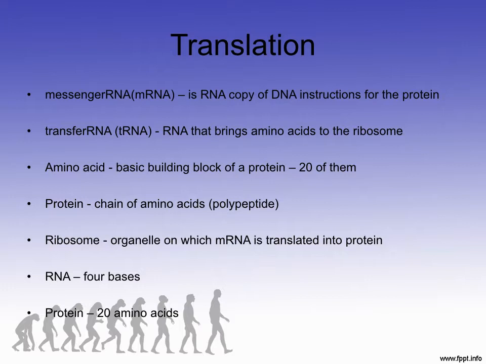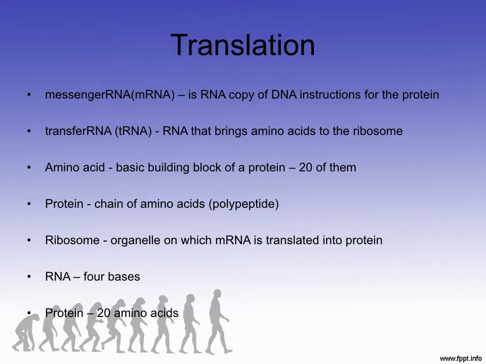Then the introns are cut out, and the exons are spliced back together. That mature mRNA moves out into the cytoplasm, and ribosomes attach, and the ribosome is the organelle where the messenger RNA is translated into the protein. So you have this mature messenger RNA, and then it's going to be read and translated into a protein.